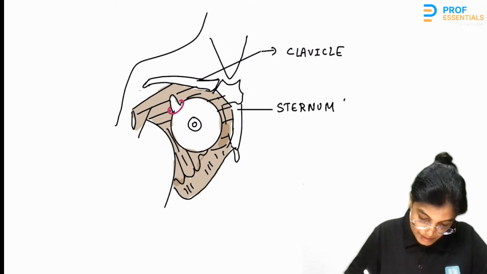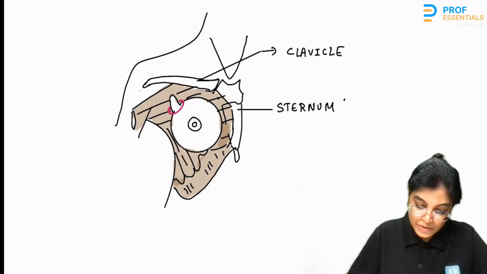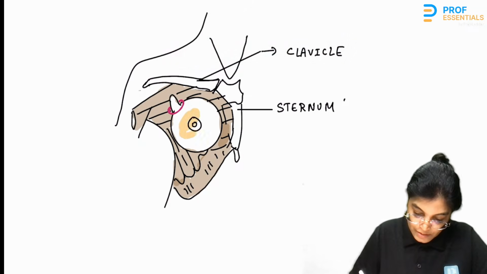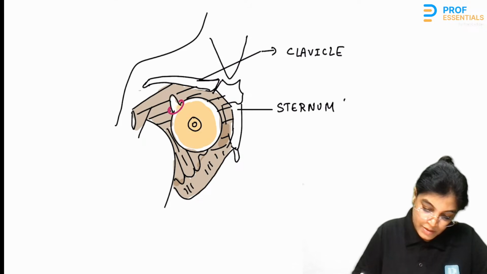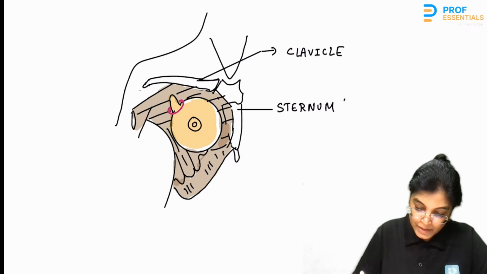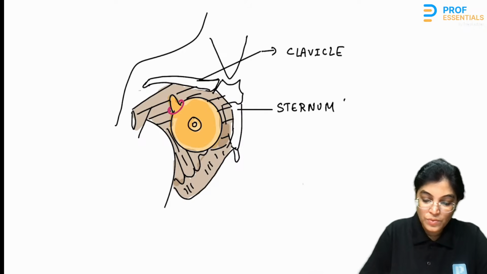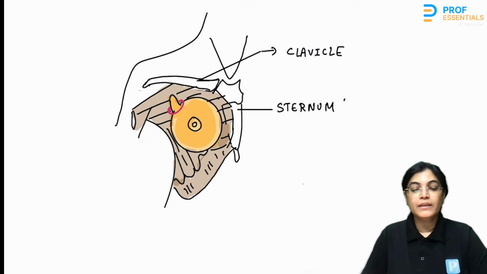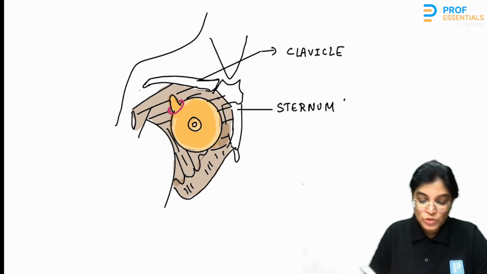This is just to make you understand. I am using this orange color again to draw the mammary gland. Okay, done.